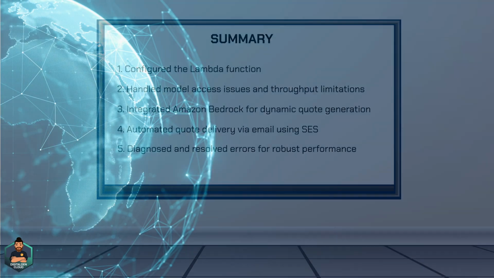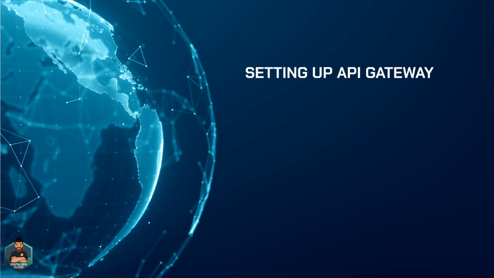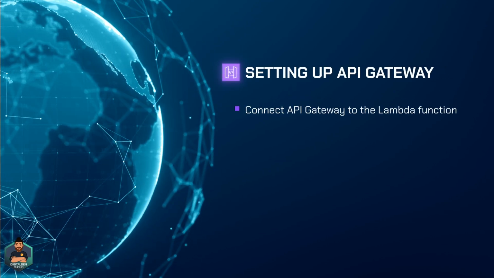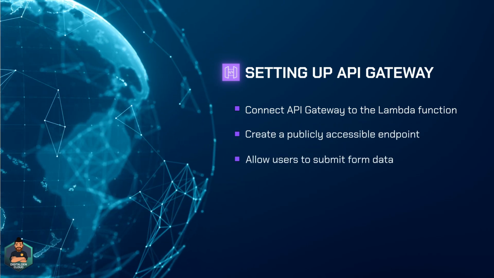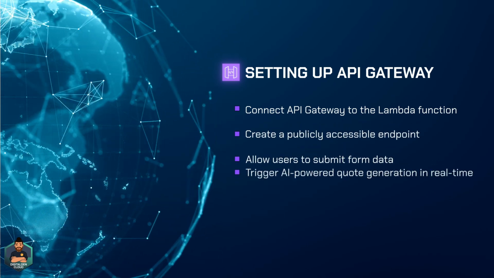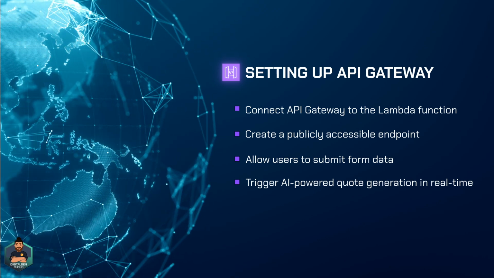This setup is now ready for deployment in a live environment, providing a reliable and engaging user experience. Great work! In the following video, we will set up API Gateway to connect our Lambda function to a publicly accessible endpoint, which will allow users to submit form data and trigger the AI-powered quote generation process in real time.